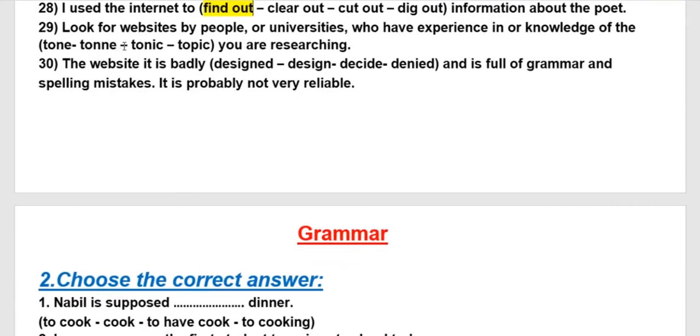Look for websites by people or universities who have experience in or knowledge of the topic, the subject you are researching. 30. The website is badly designed.